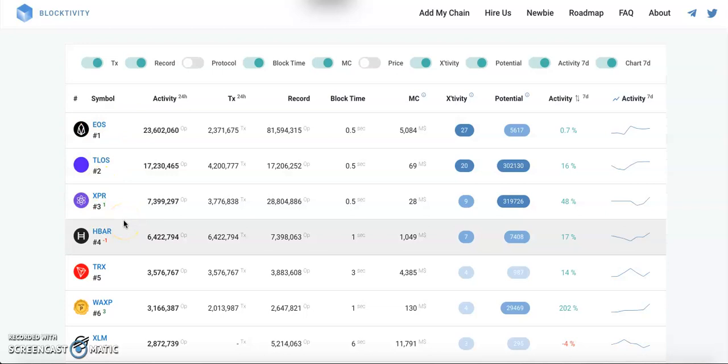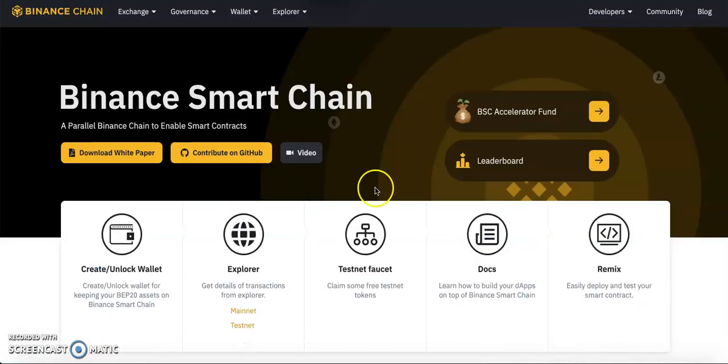So that is that about Binance Smart Chain. It's about 2.6 times faster than Ethereum, right? And that is why people are moving to Binance Smart Chain. But here are the cons.